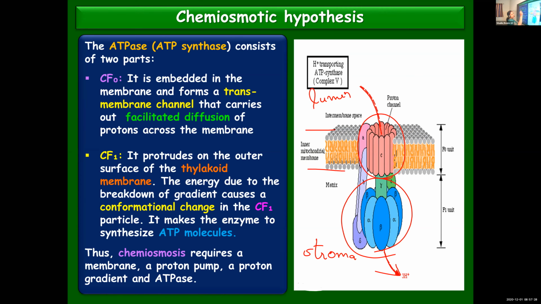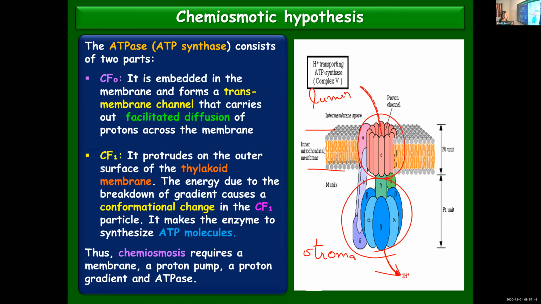What you see here is the thylakoid membrane. So embedded in the membrane, forming a transmembrane channel, you can see the CF0 part, which with the help of facilitated diffusion transports the protons from the lumen into the stroma, breaking down the proton gradient.